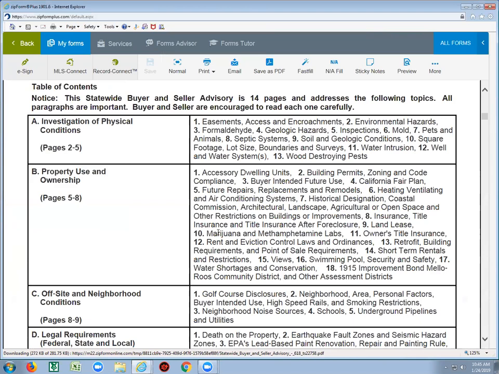If you assume, you may get hurt later on. The buyer will come after you: why did you tell me I can build another one? If you don't know, it's okay. Don't feel bad saying, I don't know, let me find out for you. Don't pretend you know and give the buyer wrong information. Okay?